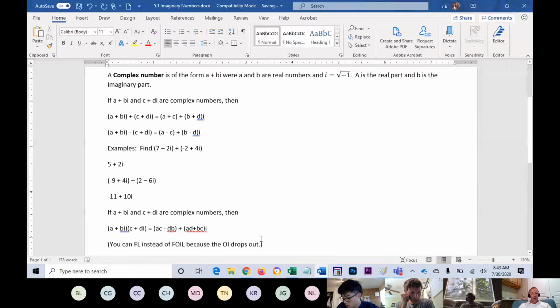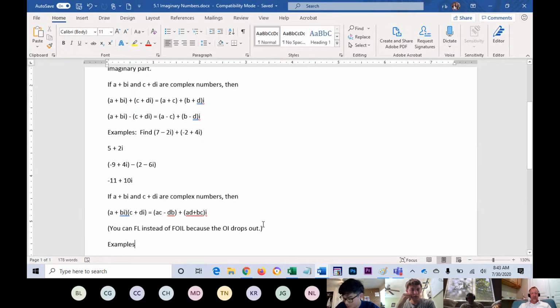One of the things that I like to say, you guys have all heard of FOIL, right? And this one you can FLA because the OI drops out. So at any rate, let's do a couple of these.